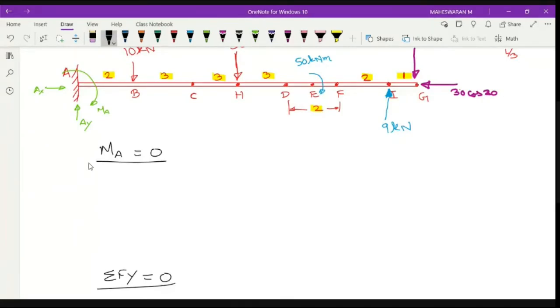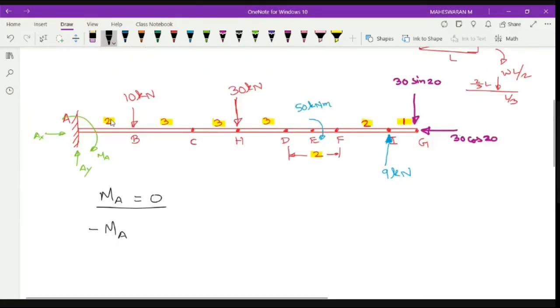So to identify this, let me consider from point A. Here you have one clockwise reaction moment, which is MA. This is different. This is reaction moment. So minus MA. Next, 10 into 2, force into perpendicular distance. The distance is 2 meter from A. So 10 into 2, force into perpendicular distance. Rotation clockwise, so minus 10 into 2.